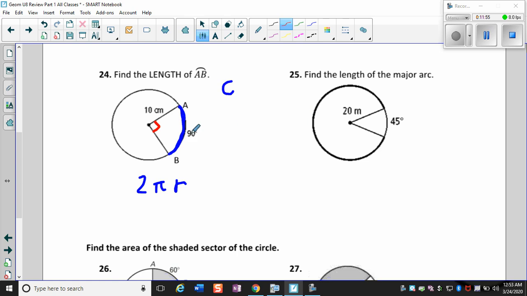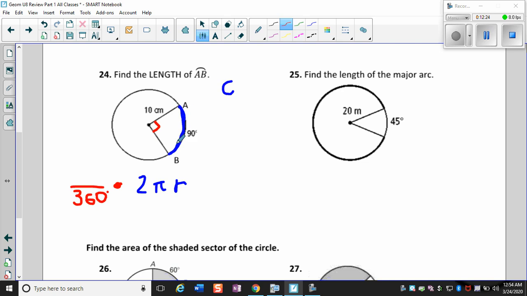So here we need to add something in front of the circumference formula, which remember is a fraction. And that fraction has to deal with what part of the circle we're interested in, in your numerator, out of the whole circle. And remember, because the whole circle measures 360 degrees, 360 degrees is always in your denominator.